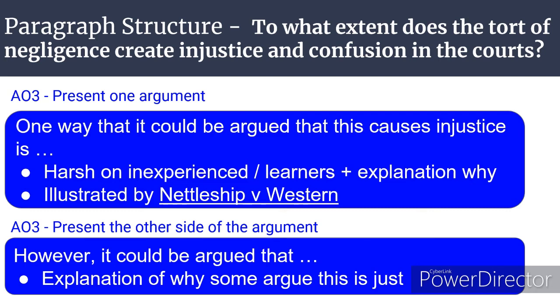So I might refer to Lord Denning and say that he said that actually it would be more unjust not to have used the reasonable man standard because of the fact that you have to prove fault for negligence, and if you don't prove fault, the claimant will get no compensation at all. Okay, or you could say that it makes it very consistent in the court. Everyone knows where they stand.